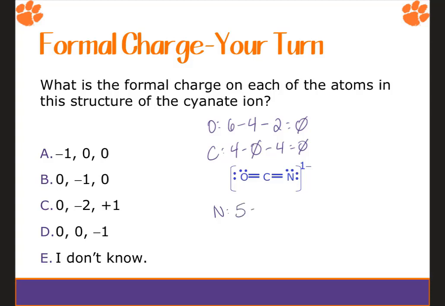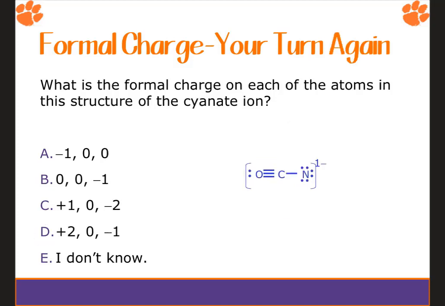It has 5 valence electrons. It has 1, 2, 3, 4 lone pair electrons. And it has 1, 2 bonds coming off of him. So this nitrogen has a -1 formal charge. So our correct answer here is letter D.